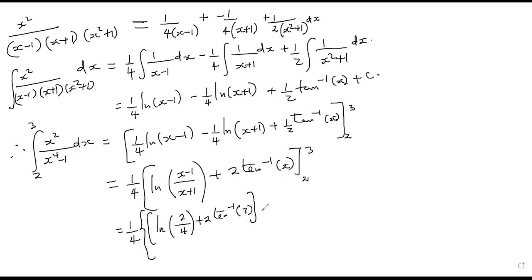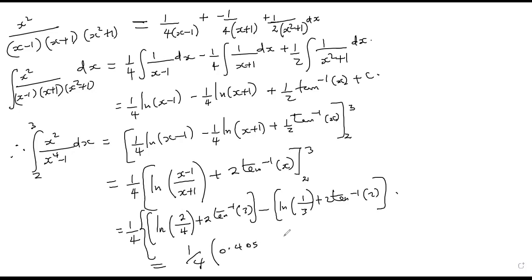So minus ln, when you put a 2, it will be 2 minus 1, which is 1 out of 3, plus 2 tan inverse of 2. This is going to be a quarter into, when you work on this, you're going to get 0.405 plus 0.1 pi.